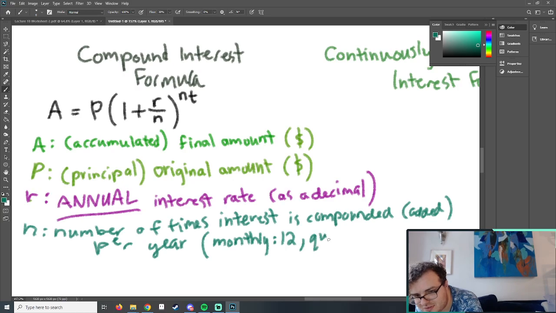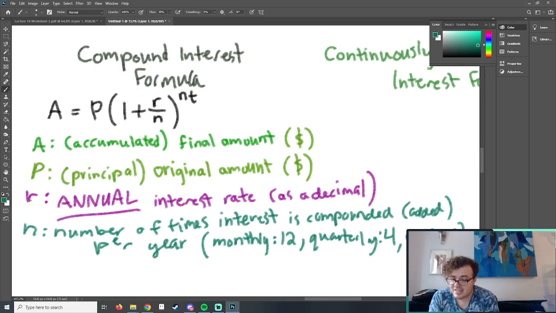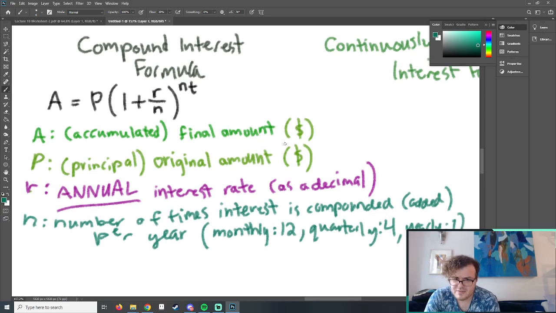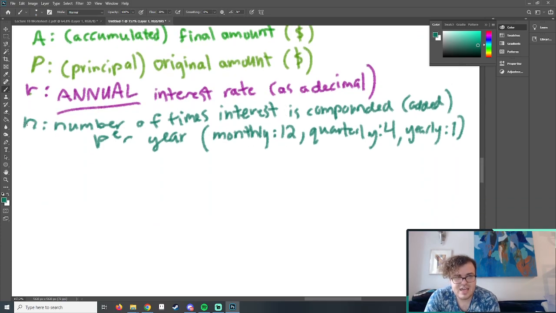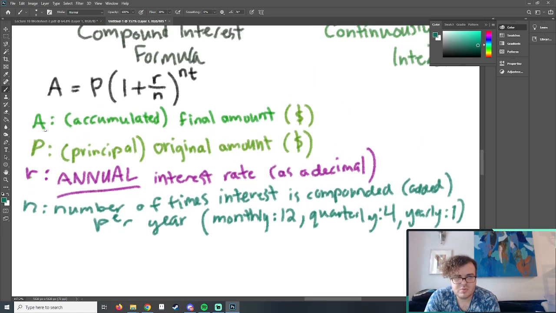If they say it's compounded, for example, quarterly, then n is 4. If they say it's compounded yearly or annually, then n is 1. They could say it's compounded daily in this class. If they say daily, assume 365. Don't do any funny things with leap years or the fact that a year really has an extra quarter of a day in it. Assume daily means 365. I think weekly would be 52, but I don't think I've ever seen this course pull up a weekly for you. So n is really important here because if you look here, we're dividing the rate.